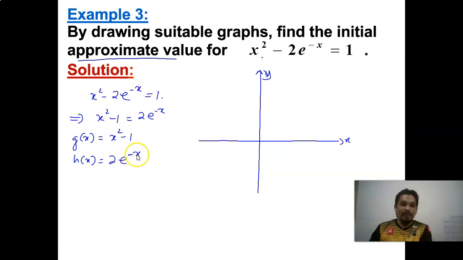When e power of x, the graph is something like this. Oppositely, if e power of negative x, then we come up with this one here. When x equal to 0, e power of negative 0 equal to 1, 1 times 2 equal to 2. It intersects the y-axis at y equal to 2.